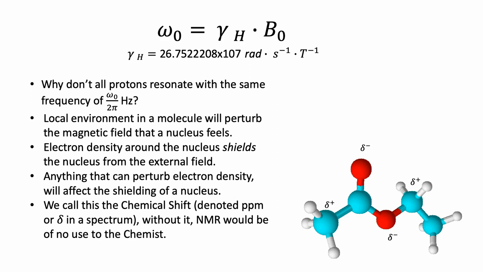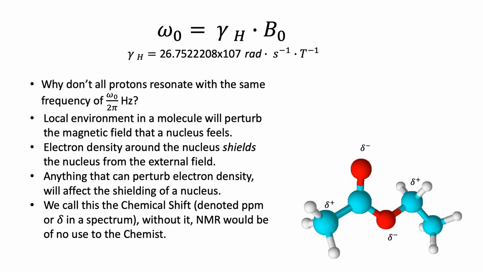We call this chemical shift. It's denoted on a spectrum as ppm, and oftentimes it's denoted with delta, not to be confused with the delta I've used for the small charges, but you might see that on the axis. So anything that can perturb electron density will affect what we call the shielding of the nucleus. Not only electronegative things, but where nuclei are oriented in relation to double bonds.